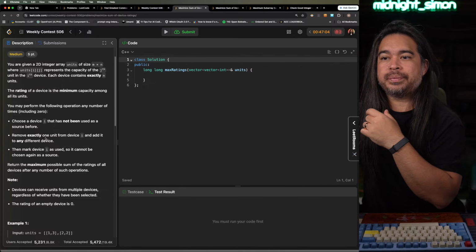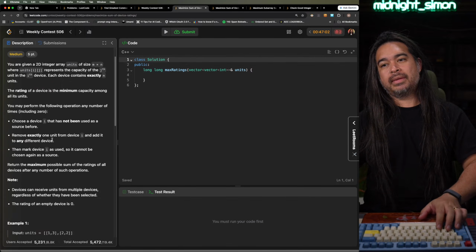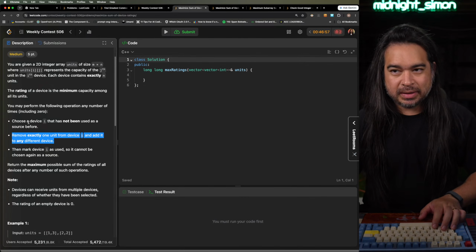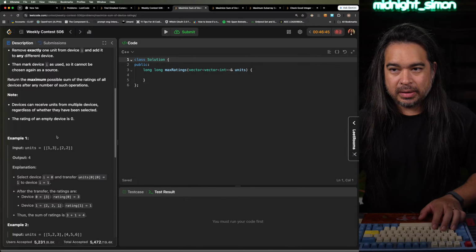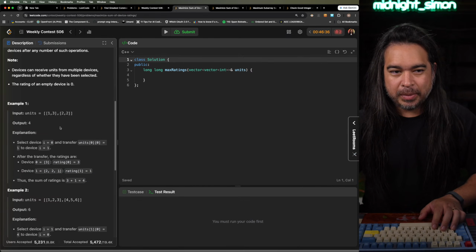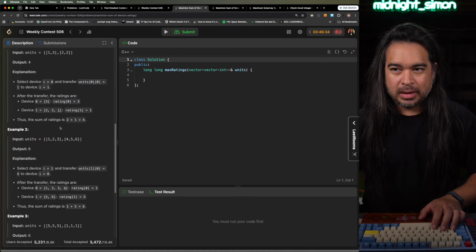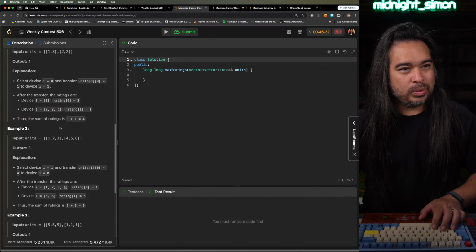No. Can only remove one thing from one device. So each one can remove their lowest thing, but it might not make sense. Alright, now I'm understanding the problem. Let me try and think of a solution.